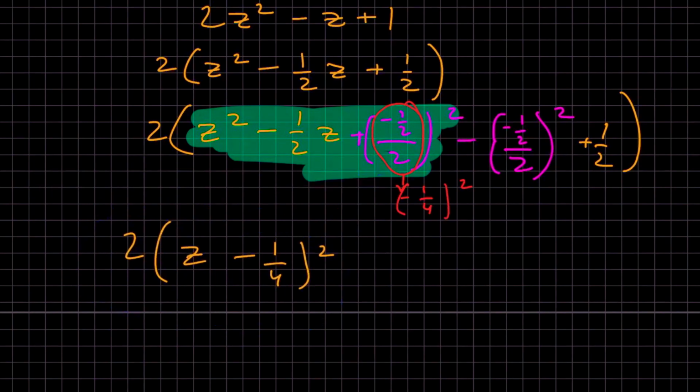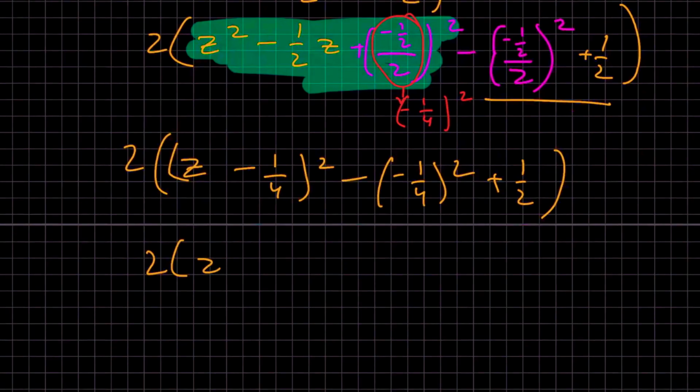Simplifying the rest of our equation over here, this should give us minus negative 1 over 4 squared plus a half. And if we continue to simplify this, we get z minus quarter squared over here as before, minus 1 over 16 plus a half.